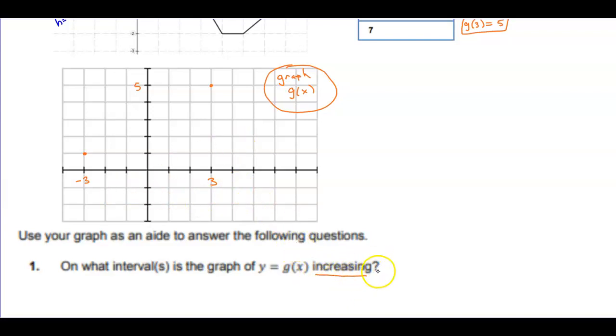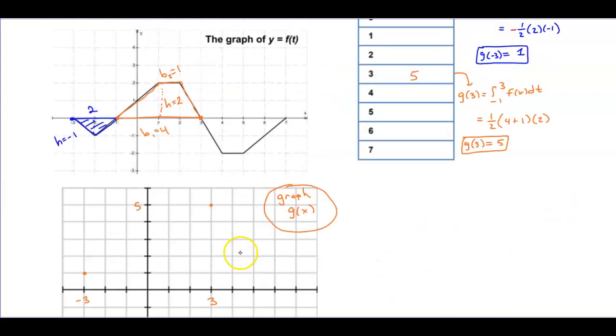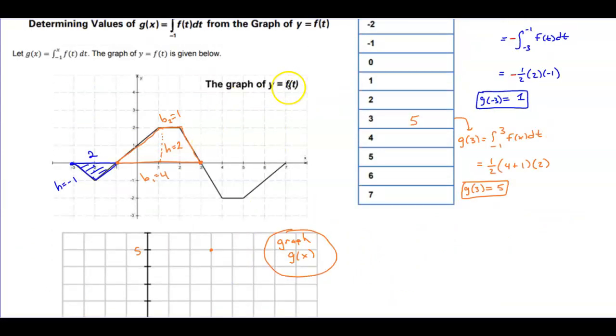G is increasing when you have positive slopes. There's a stronger and quicker connection we'll make a little bit later on about how you could answer this question related to the given graph of f of t.